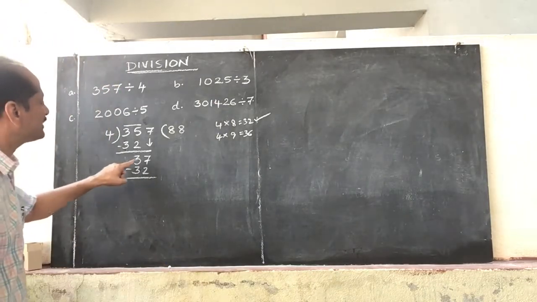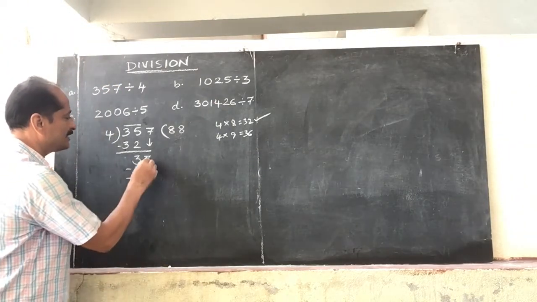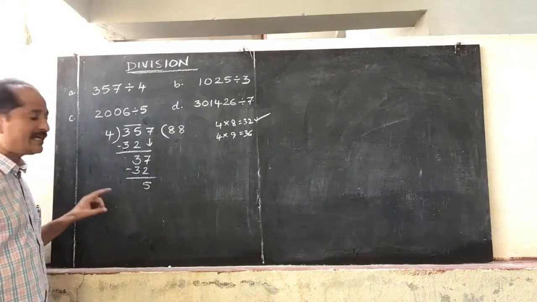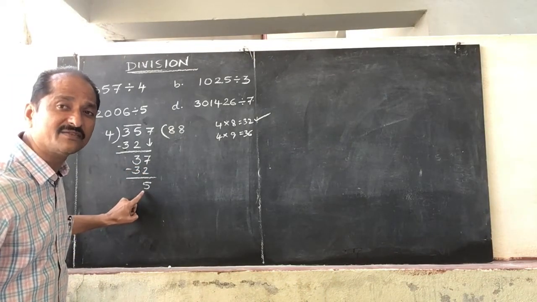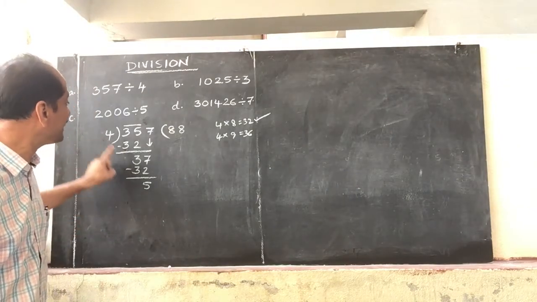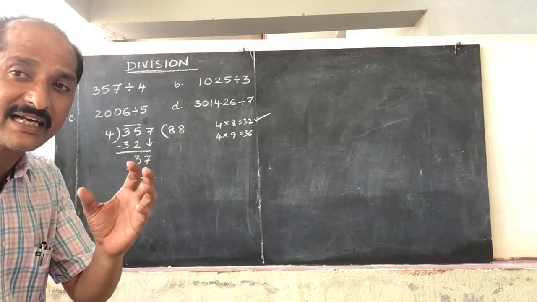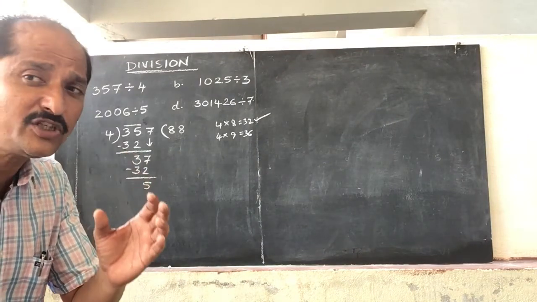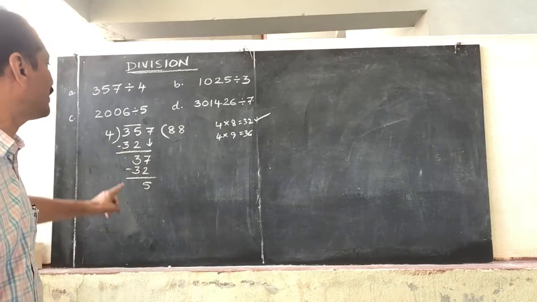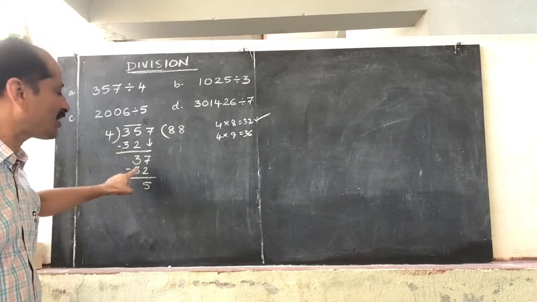Now here see, 37 minus 32: 7 minus 2 is 5, 3 minus 3 is 0. Here we have got remainder 5, but 5 is greater than 4. The remainder should be less than 4. So this step is wrong.